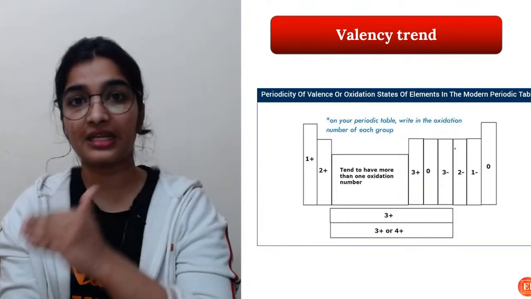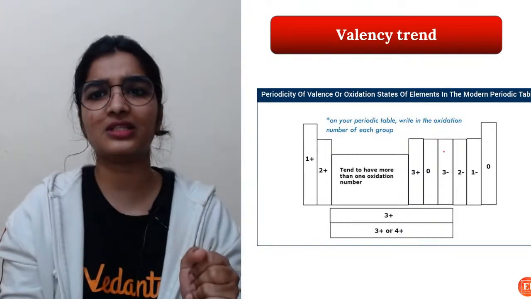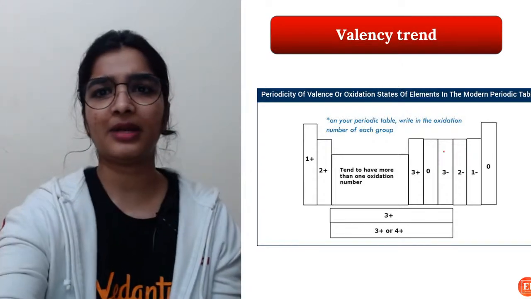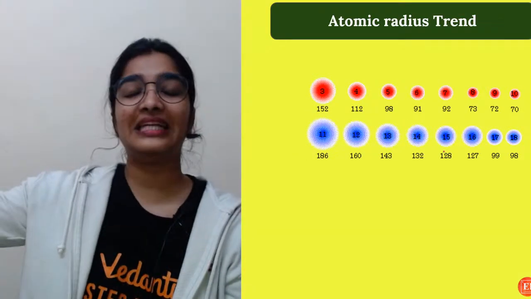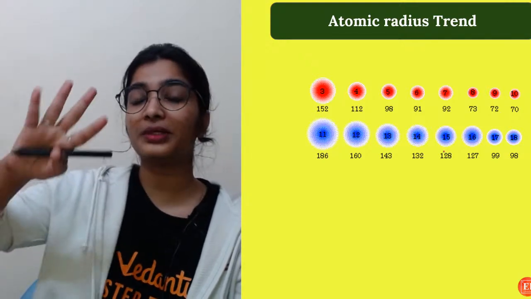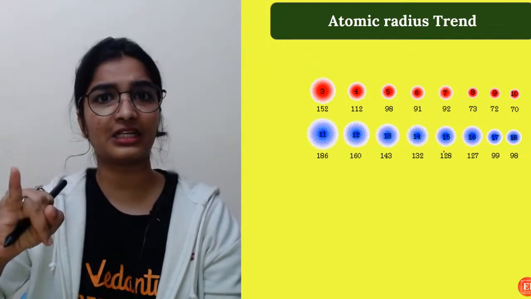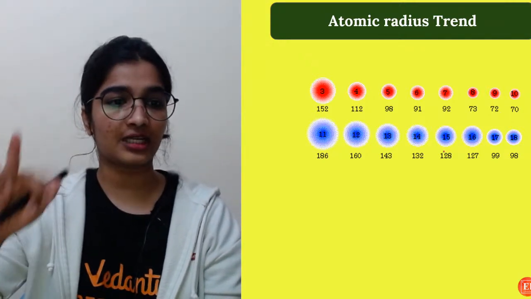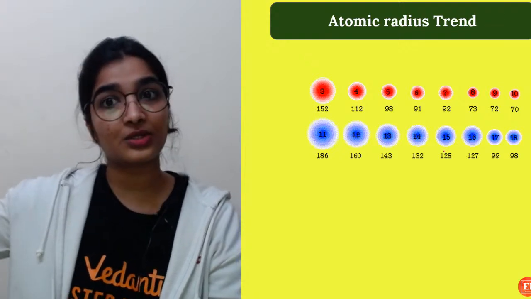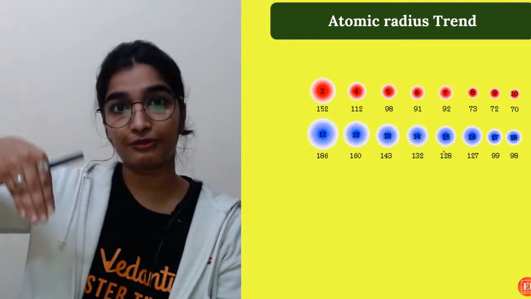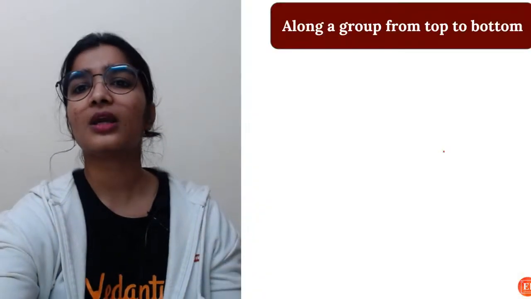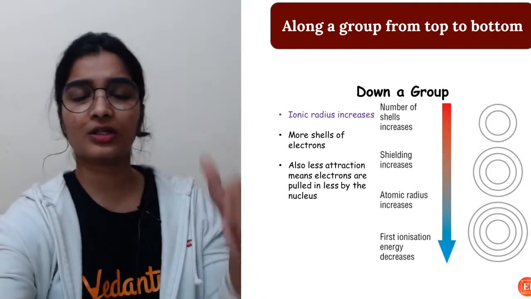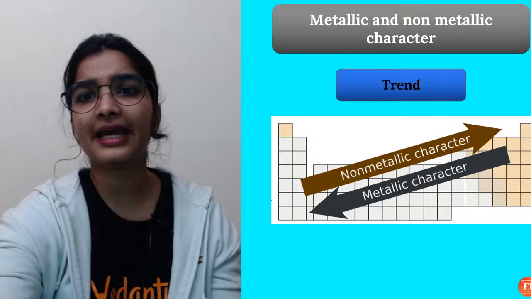I'll just explain it again quickly, so that it will be easy for you to play the Menti. And then atomic radius, what happens? Across the period it decreases and down the group it increases. You know the reason, right? Effective nuclear charge, screening effect. The electrons are added to the same shell across the period but to different shells down the group. Metallic character, what will happen?